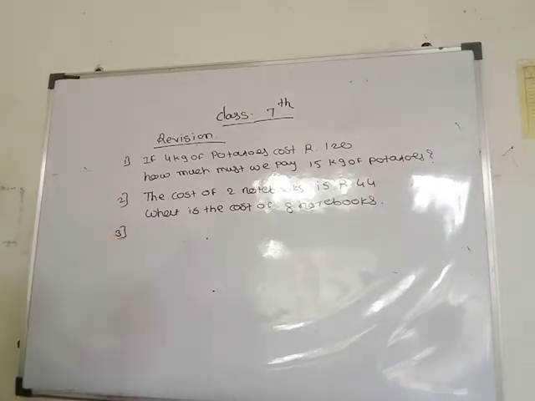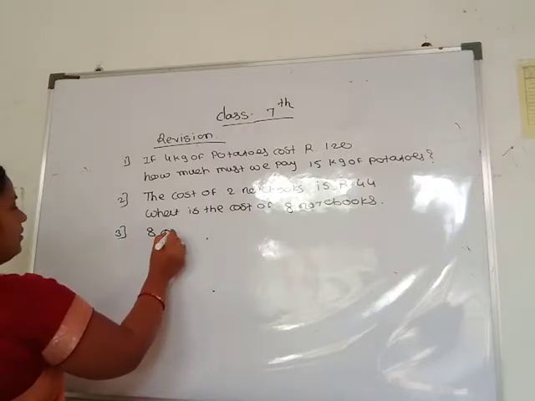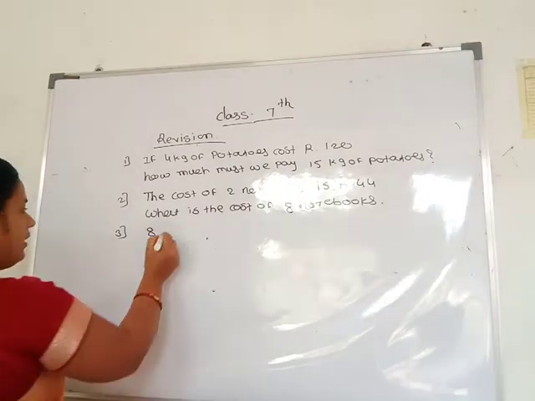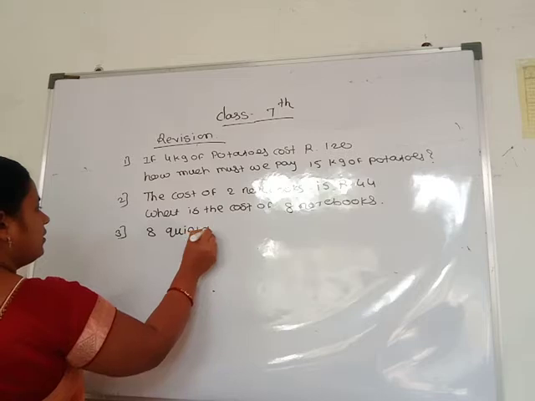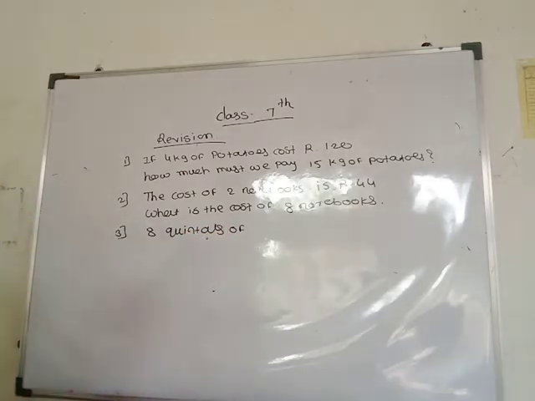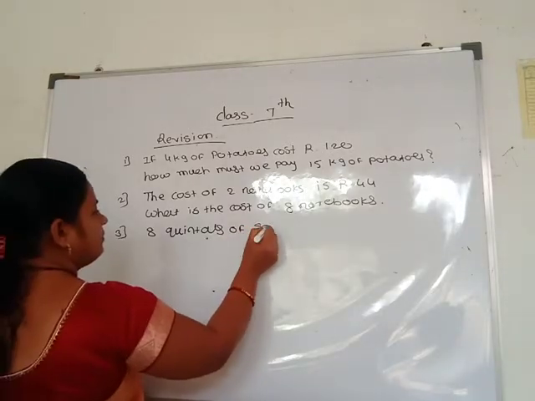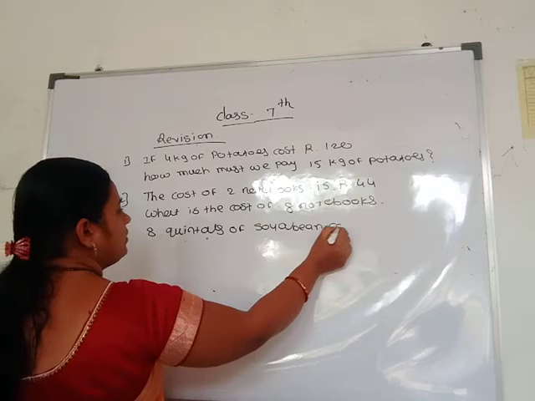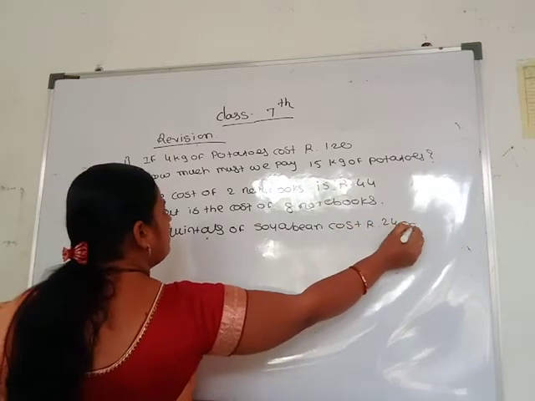Then third one, 8 quintals of soybean cost rupees 24,000.